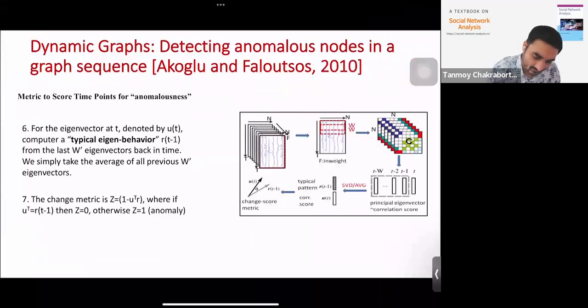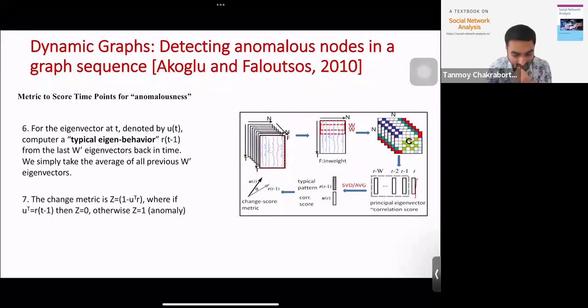Okay. So you have an n cross n matrix at every W. Now we will not analyze this entire matrix. And remember, this is a correlation matrix, correlation of pairs of nodes. What we do, we extract the principal eigenvector. So at every window, we have a principal eigenvector at time t.